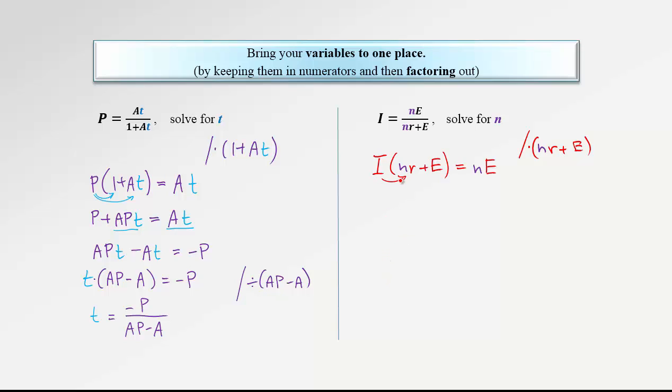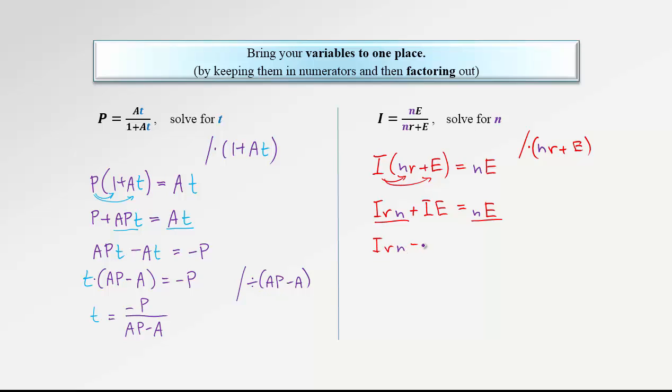Okay, we multiply by I, release the bracket, so we have IRn plus Ie equals ne. As before, we want to keep those terms that involve our variable n on one side. What for? Well, to factor it in the next step. So let's do it.